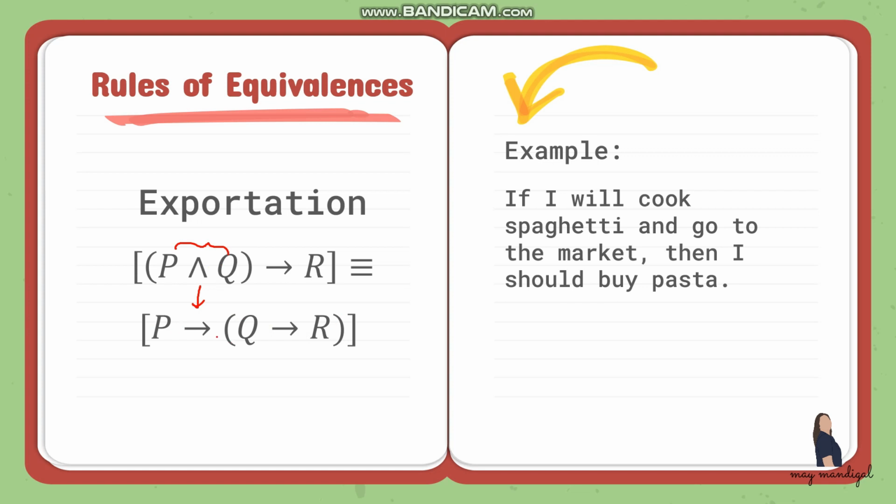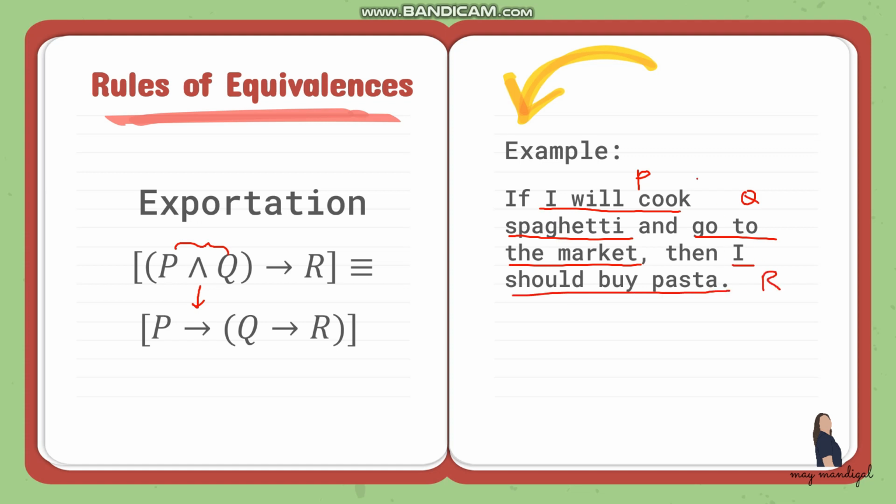So if P, then Q, then R. Example, if I will cook spaghetti and go to the market, then I should buy pasta. I will cook spaghetti, that is P. I will go to the market, that is our Q. I should buy pasta, this is our R.